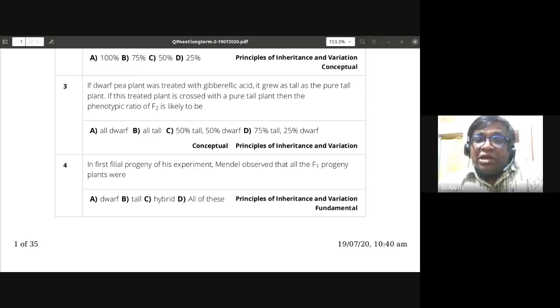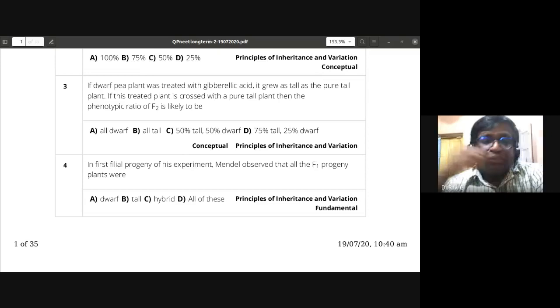So if small t is crossed with pure tall plant, capital T, then obviously the phenotypic ratio of F2 is 3 is to 1. So 75% of them are tall, 25% of them are dwarf. There is no change in the genetic makeup. That is the reason the ratio also remains the same.